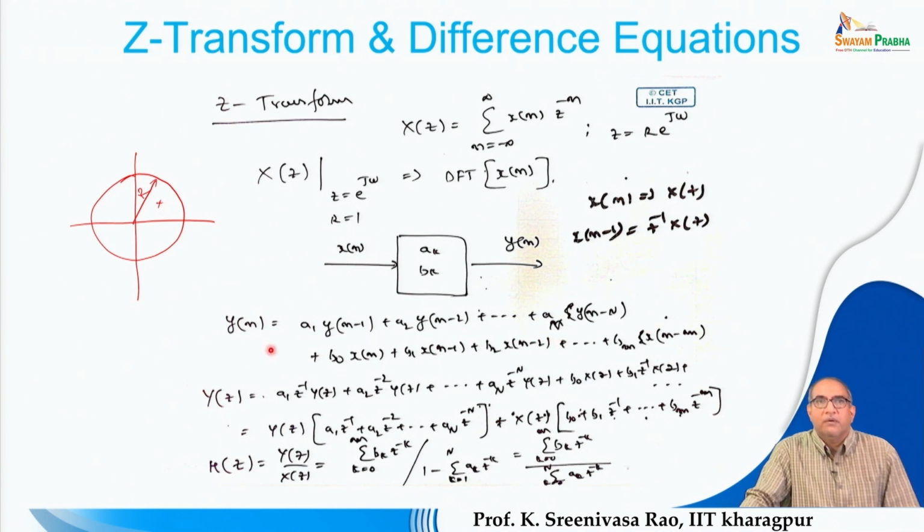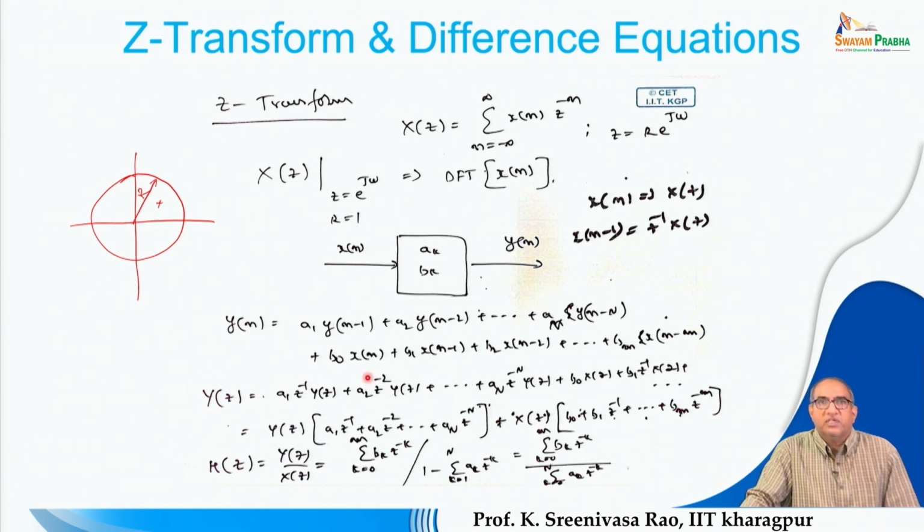So, the present output, the nth instance of output, depends on the history of N preceding outputs and the present input, that is x of n, and we are estimating y of n. b naught is the weighting factor for x of n, and b1, b2, b3 and so on are the weighting factors associated with the previous input, the previous to previous input, and so on.